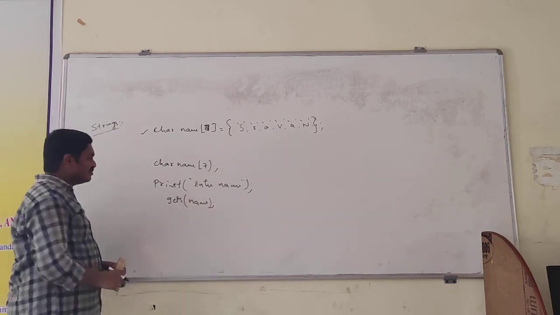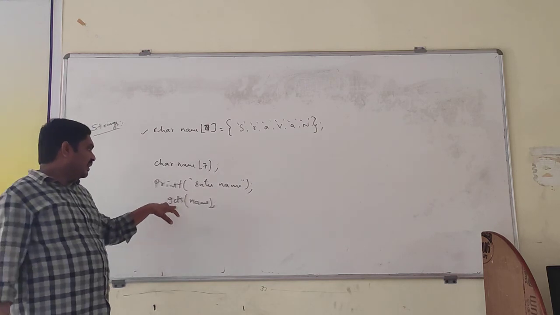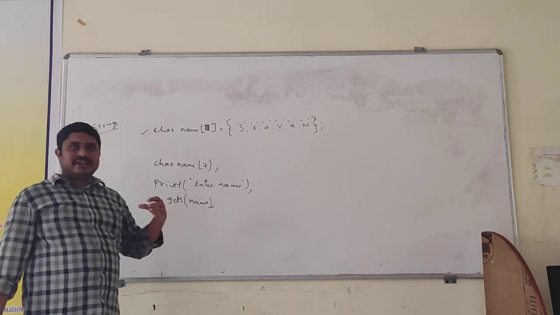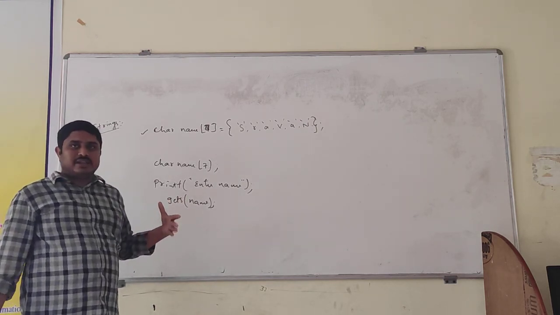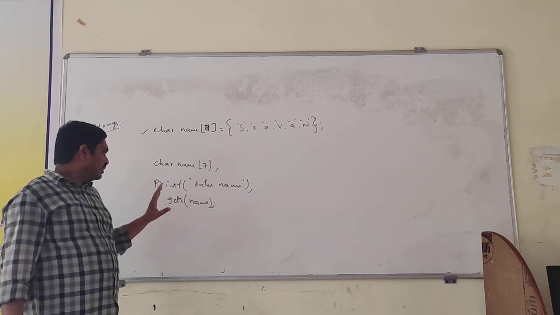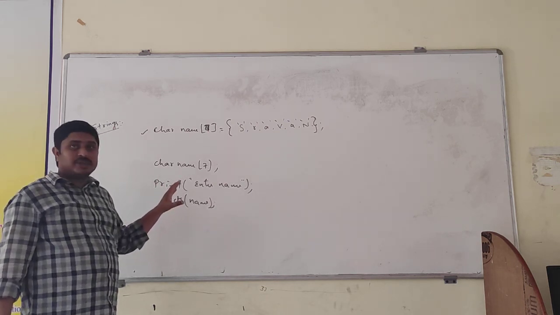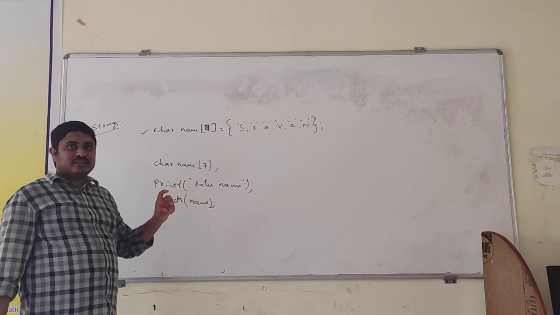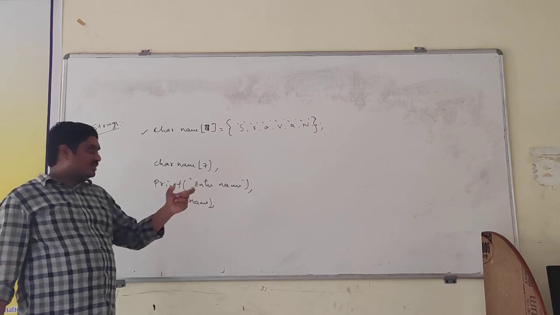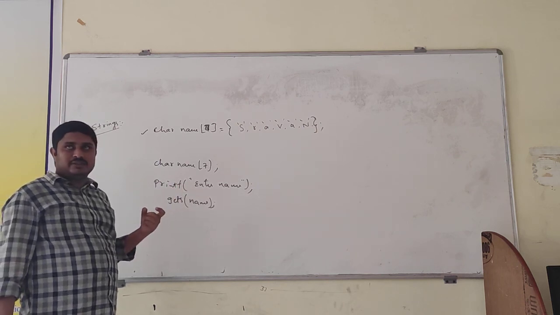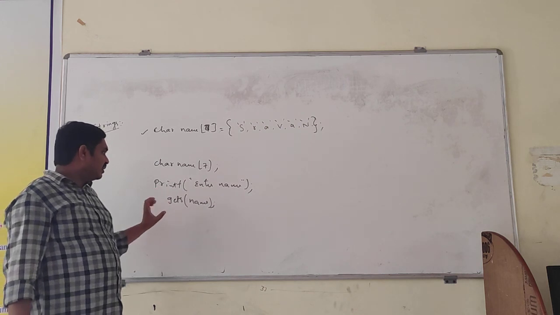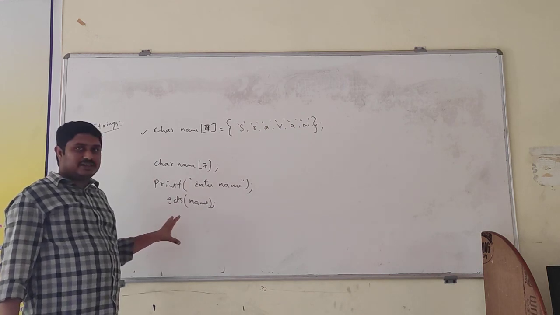So what is the difference between gets and scanf? The gets directly takes one line of sentence, while scanf takes only one word. That is the difference between scanf and gets.